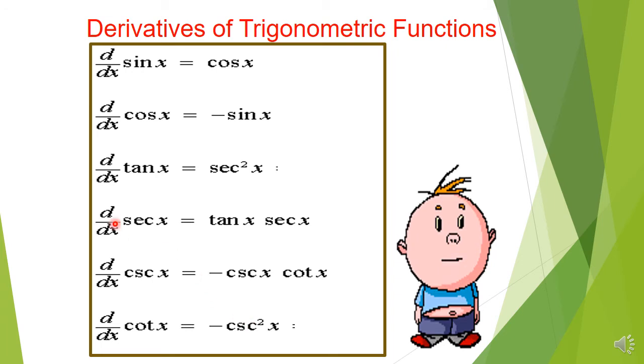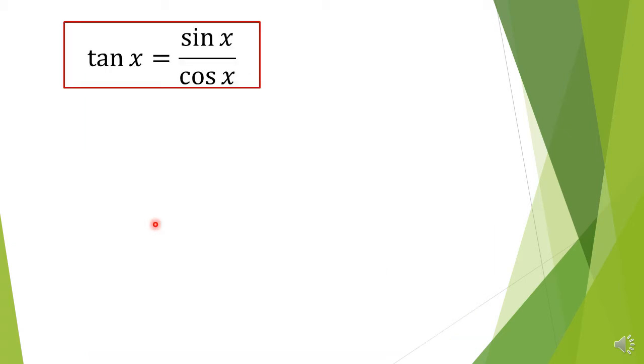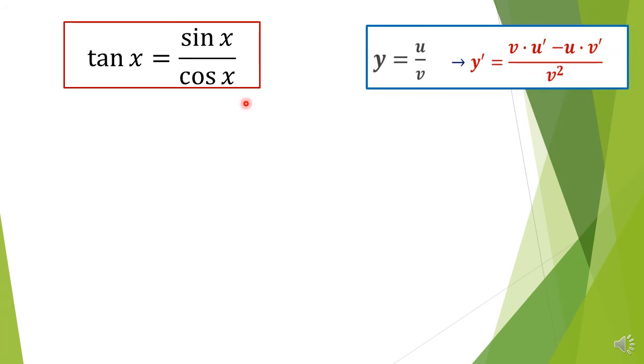So, actually, the derivation of cosine x being equal to negative sine x is almost the same thing. So, now we proceed with the third one. Yan, so derivative ng tan x, bakit naging secant squared x? So next question natin is, from our trigonometry again, that tangent x is equal to this quotient, sine x over cosine x. So that means we're going to apply the quotient rule of differentiation.